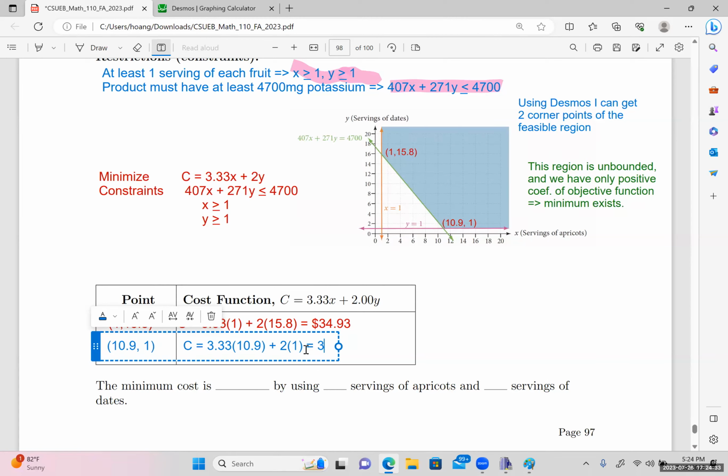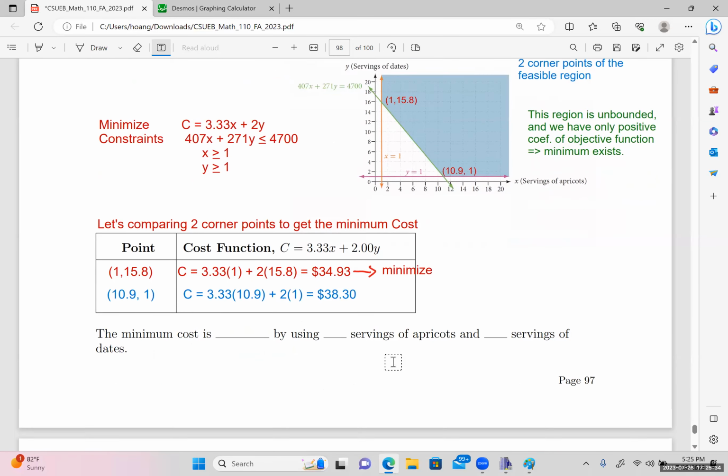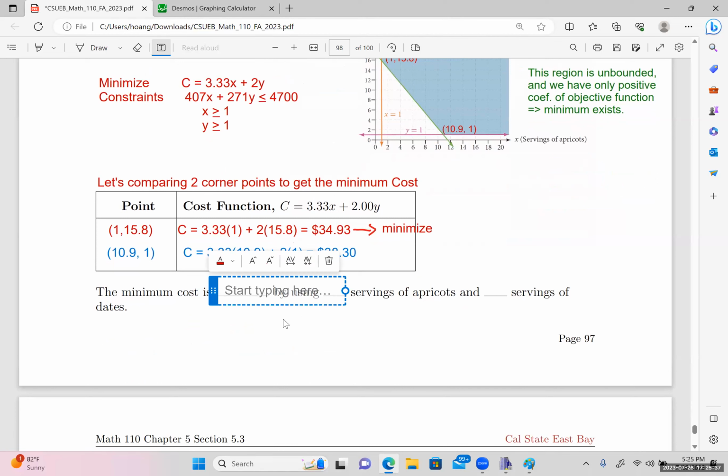Okay. So after comparing the 2 corner points, maybe I can put that here. Comparing 2 corner points to get the minimum cost. So according to this comparison, the minimum cost is going to be 34.93.